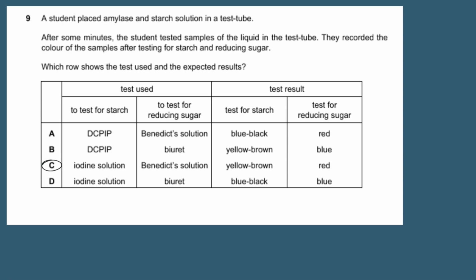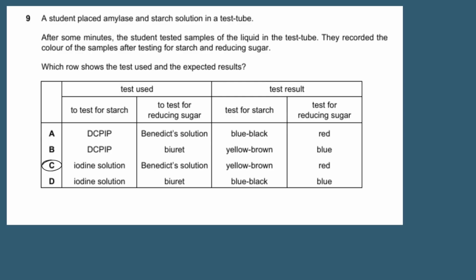They recorded the color of the samples after testing for starch and reducing sugar. Now we have to check starch and reducing sugar. Which row shows the test used and the expected result?